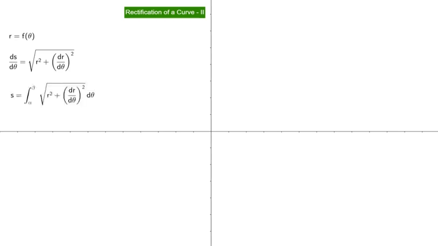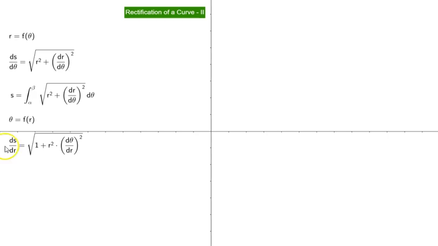Now to figure out the arc length, we integrate this. So we get s is equal to the integral of square root of r squared plus (dr by d theta) squared d theta from alpha to beta. This polar form could be r equal to f of theta, or it could be theta is equal to f of r.